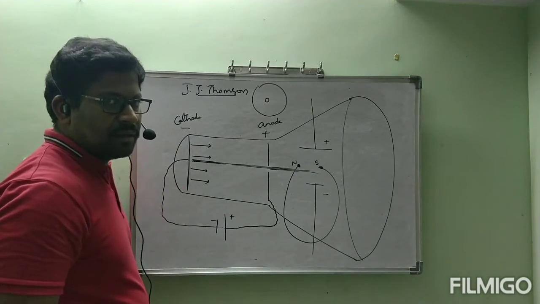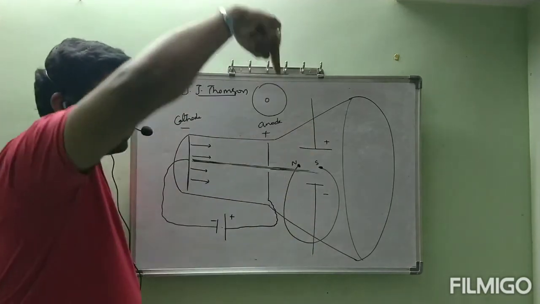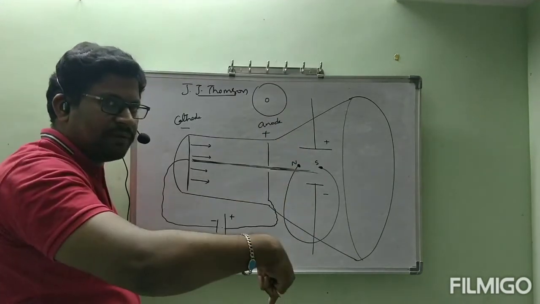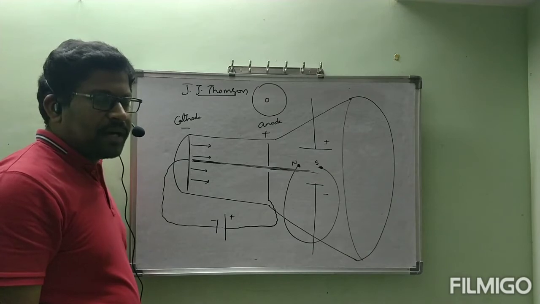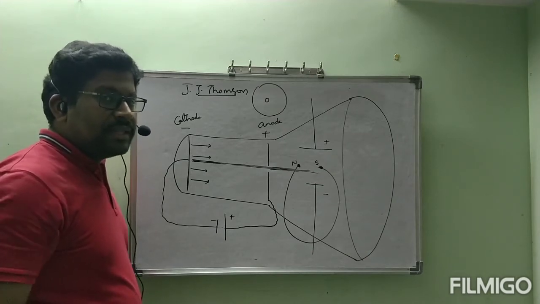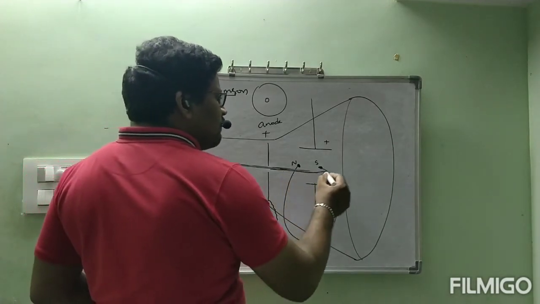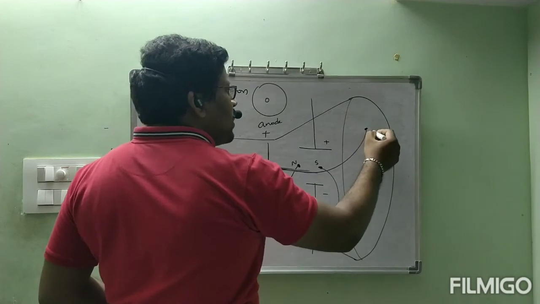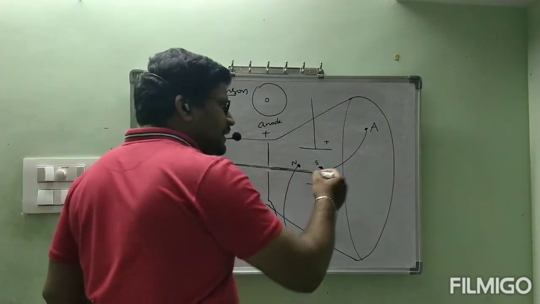Step 1, okay, he applied only the electric field. He switched off the magnetic field. In the presence of the electric field, these cathode rays fall on point A. Why are these deflected like this?